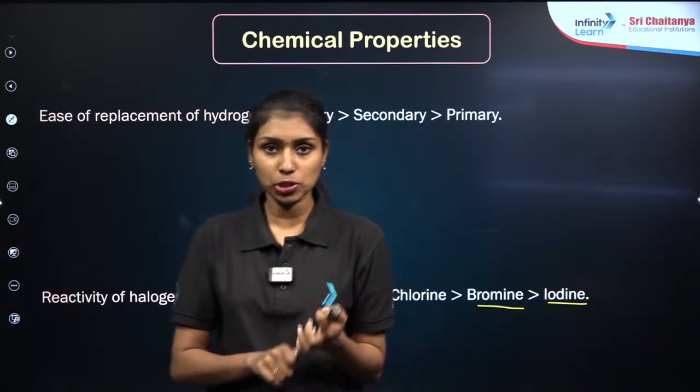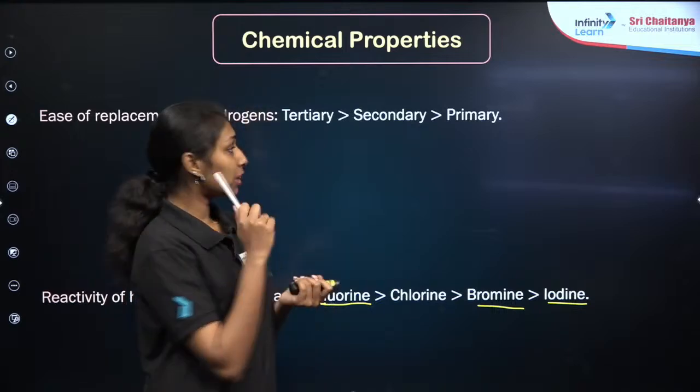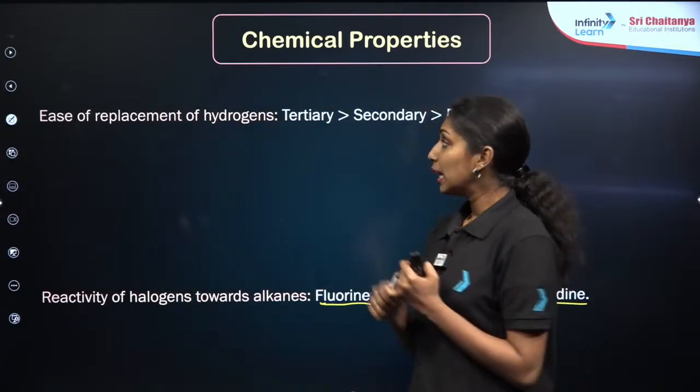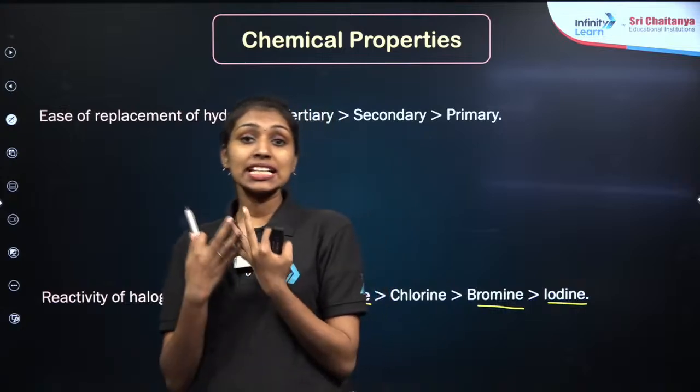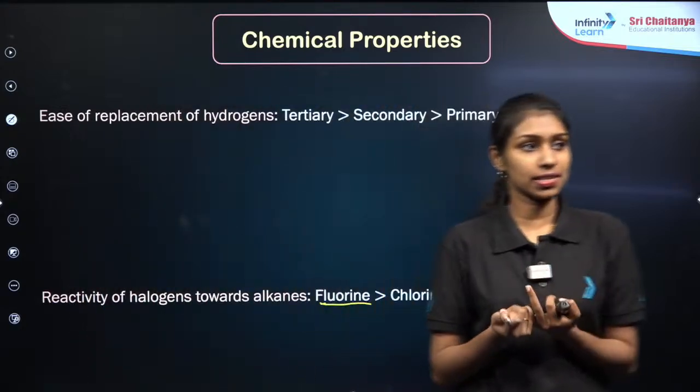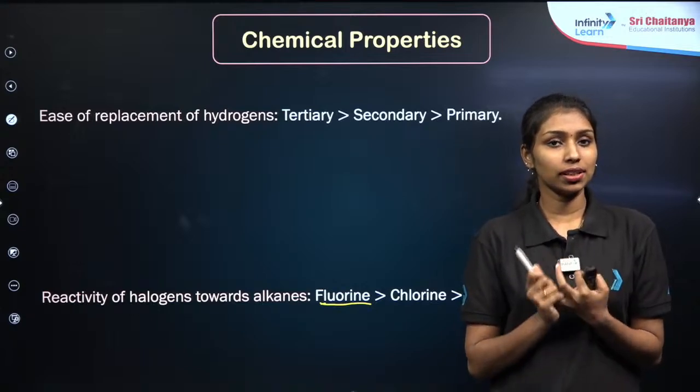So now in the case of substitution, I have already mentioned that a hydrogen atom is replaced by the halogen. So we must have an idea about primary, secondary and tertiary hydrogens, right? What do you mean by tertiary hydrogen or tertiary carbon?